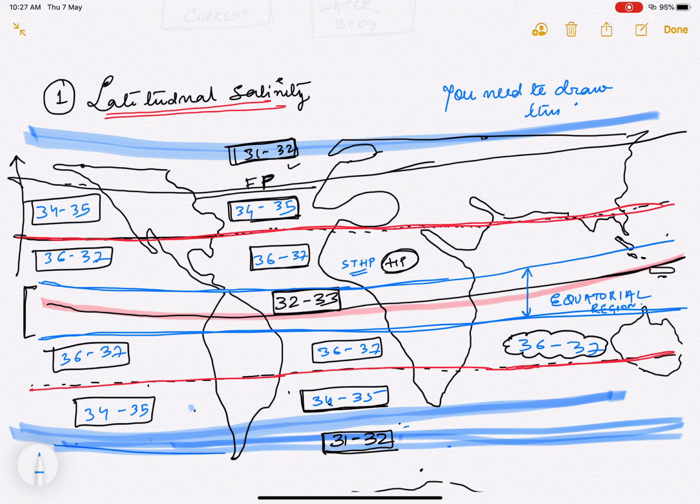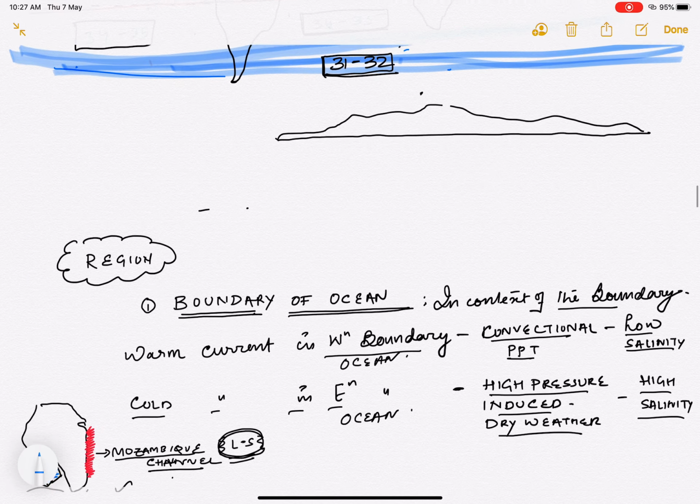Within the polar region, as you can see, the salinity is 31 to 32 parts per thousand. Why? Because of the ablation, or the influx of fresh water from the glacier. I hope you understand that ablated water means your melted water from the glacier.